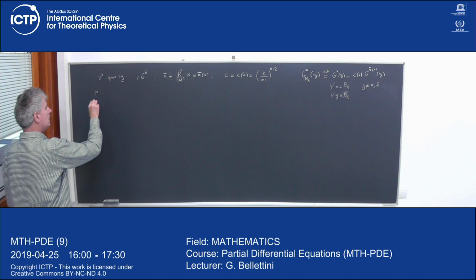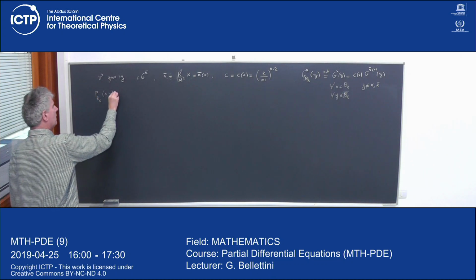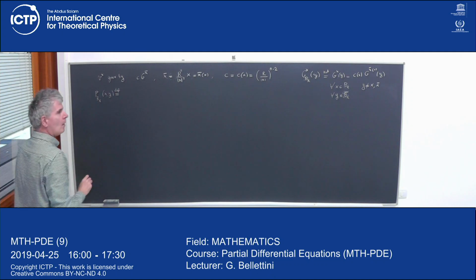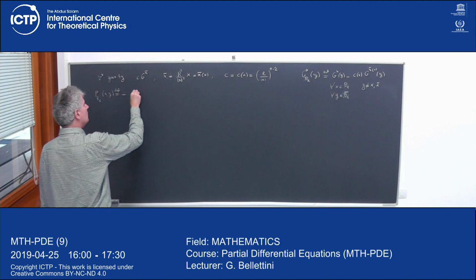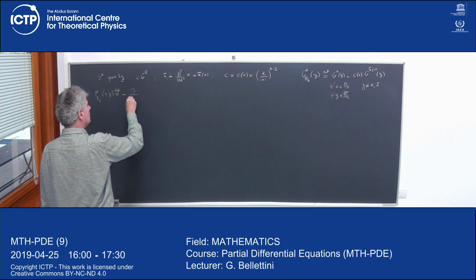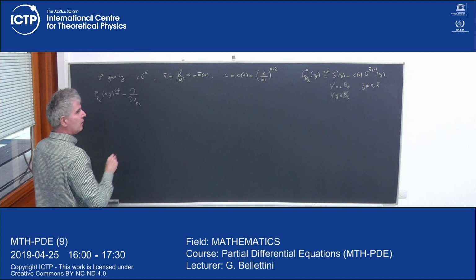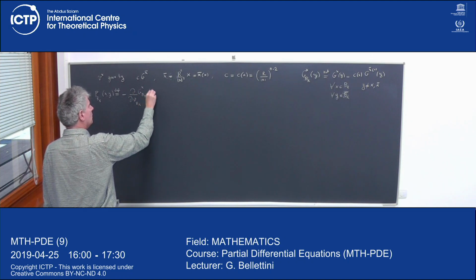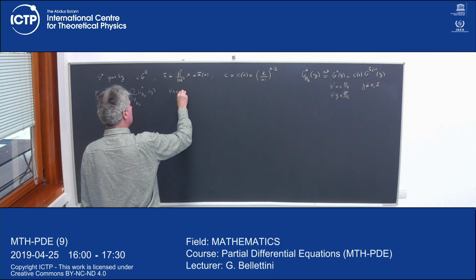So P_BR of x, y was by definition minus the normal derivative of g_x, B_R of y, for any x in here.